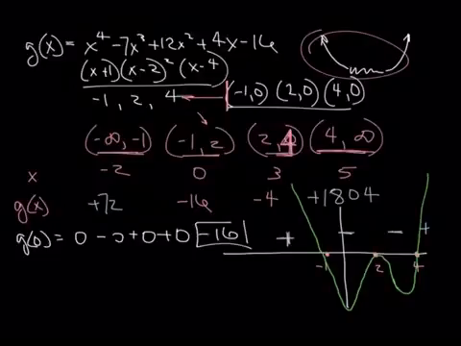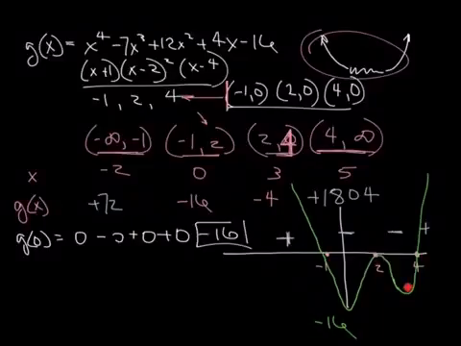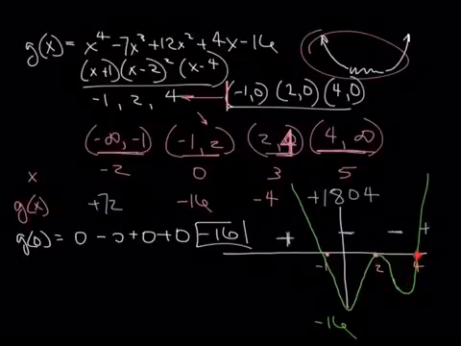So we've got a crossing at the y-intercept, which we said was negative 16. Then it comes up, and because these are both negative, we know it doesn't cross the x-axis, because the minute it crosses the x-axis, it becomes a positive number, and this says it's negative. So that's what tells me that it just touches it, comes back down, and then goes back up.